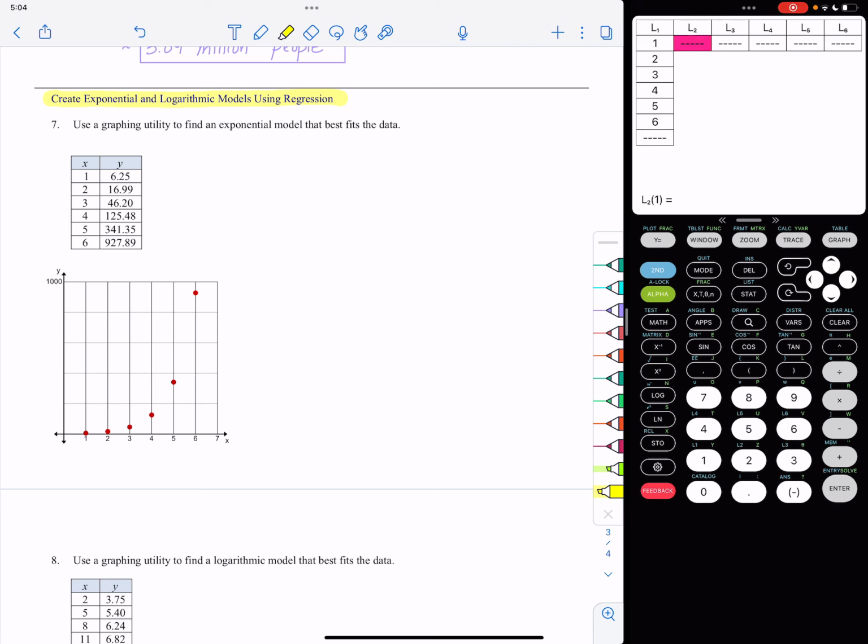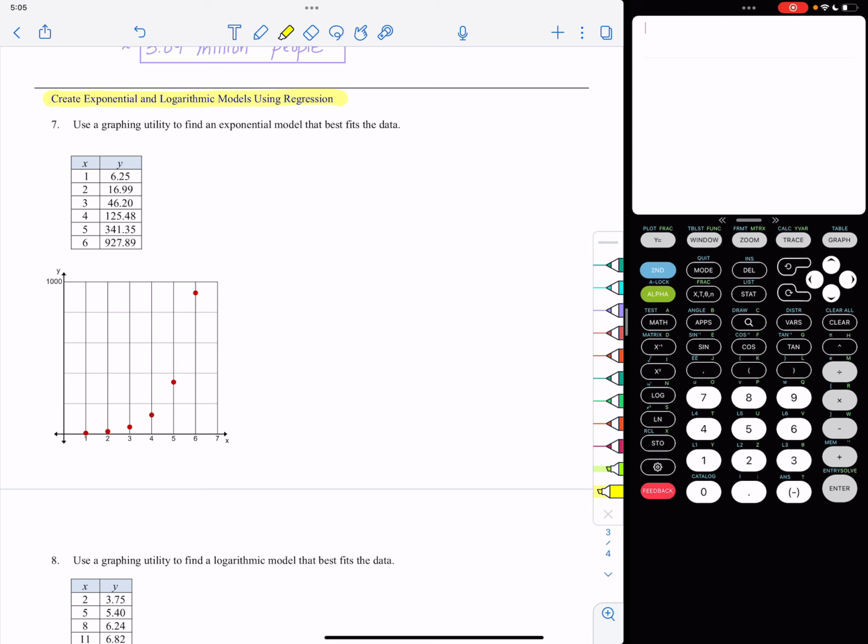And then in the second column, enter those values of y. Okay, and I always like to, after we have those in there, take a quick look, make sure they look okay, and we want to second quit.